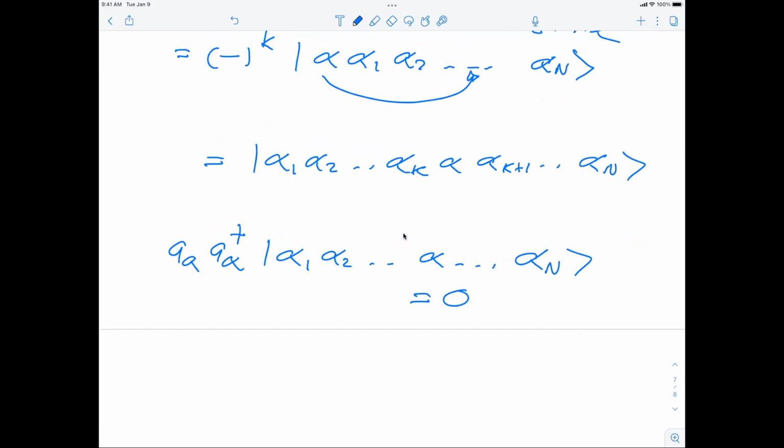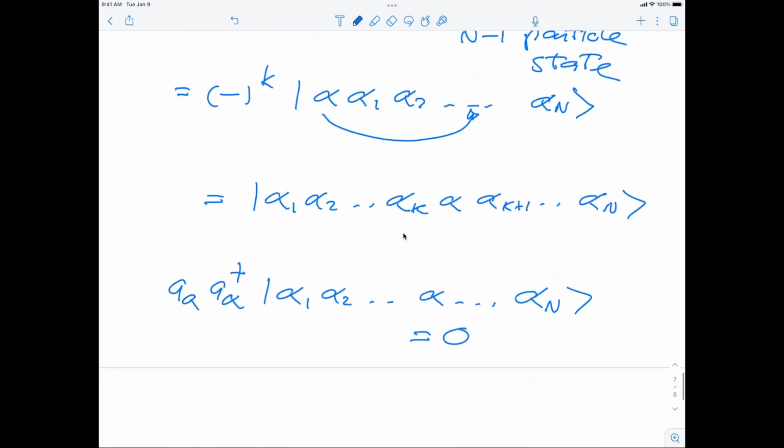So if I now take these two terms, which I have, and shuffle over to the right-hand side, let me just cancel that one.